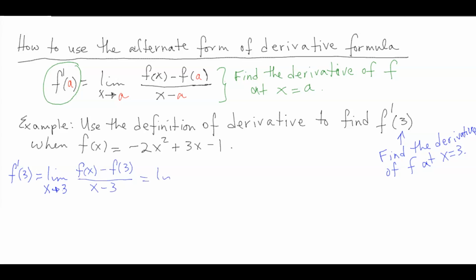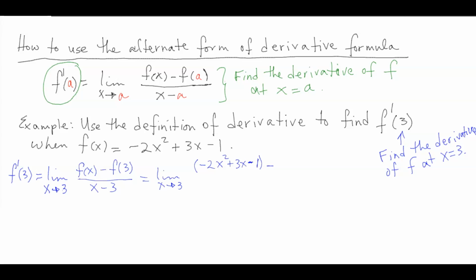This is equal to the limit as x approaches 3 of, we're going to put all of f of x here, which is negative 2x squared plus 3x plus 1. I'm sorry, it's going to be minus 1. Okay. Minus f of a, which is going to be the same as f of 3.